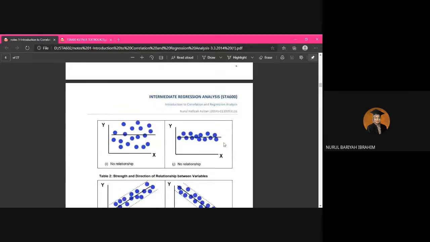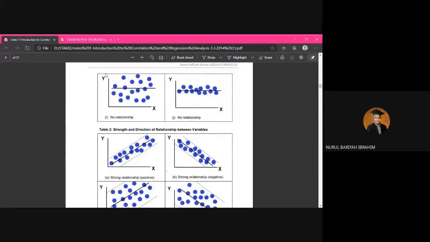Okay, and then, if your scatter diagram looks like these two diagrams, it means that the points are scattered randomly without creating any trend, whether positive or negative trend.